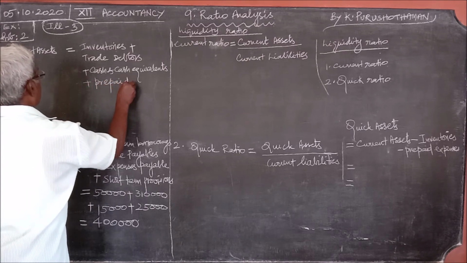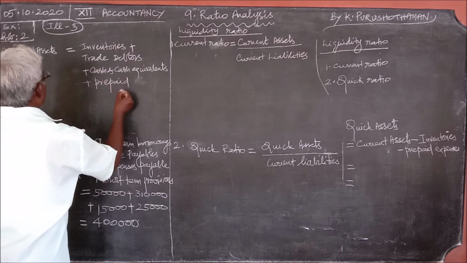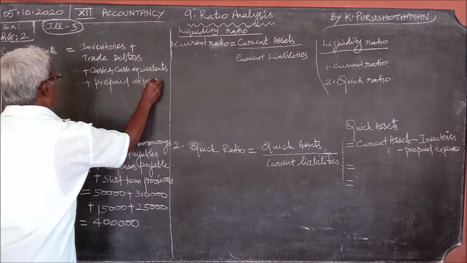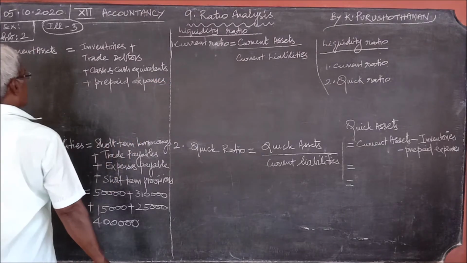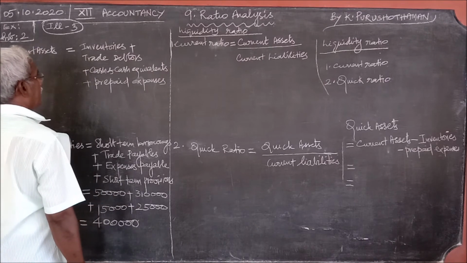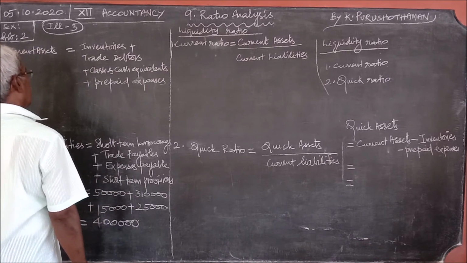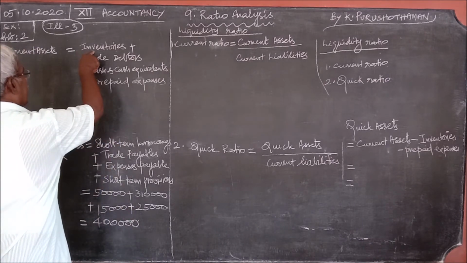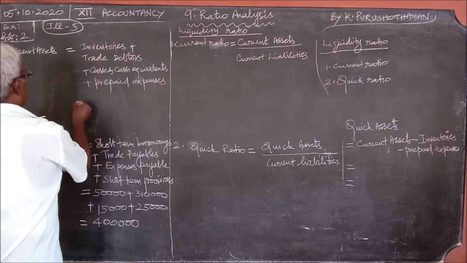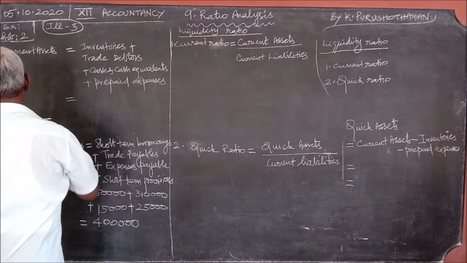These are the 4 current assets given. That is the trade debtors, cash and cash equivalents. In addition to that, inventories, stock, prepaid expenses. And these are the 4 items given in this problem.